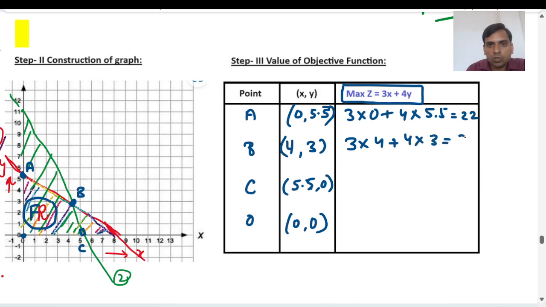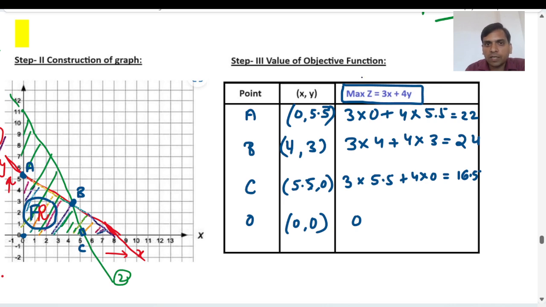So this is 24. And this value is 5.5. So 3 into 5.5 plus 4 into 0. So this value, 5.5 into 3, is 16.5. And at this, both are 0, 0. So you will get 0.